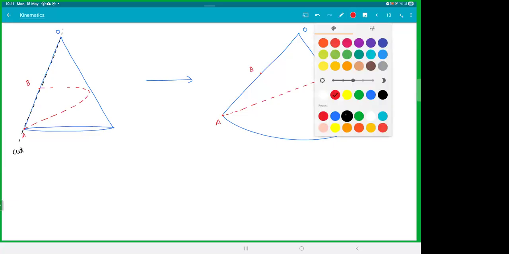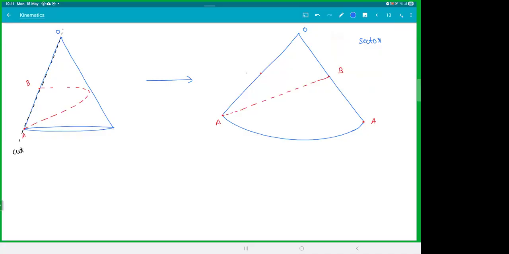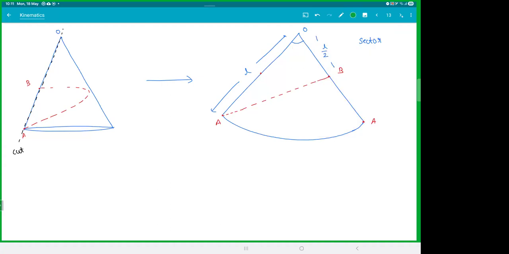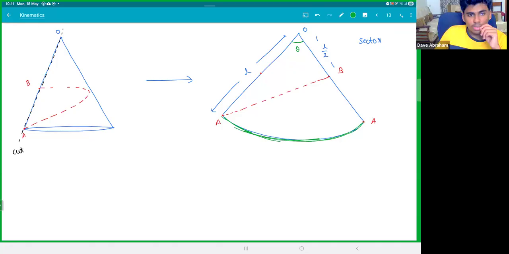And here I know what this length is. This length is L. I know this length also, L by 2. And what about this angle, theta? Any ideas how to get theta there? If you take this angle to be theta, can someone tell me what will be this length here, the one I'm marking in green? 2 pi r, isn't it?